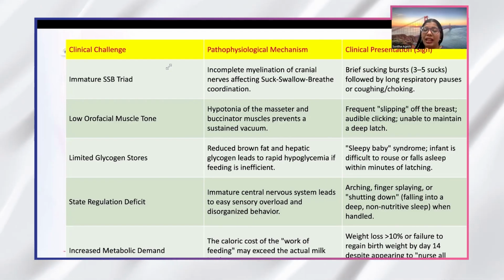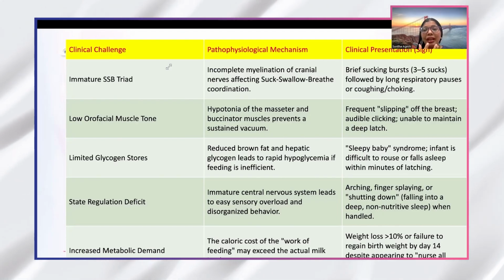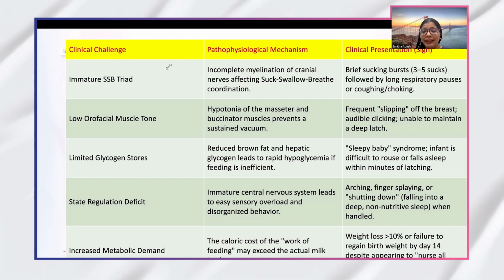But here, even if the baby is sucking and the milk is there, the cheeks will be dimpled. Because of inadequate fat and support tissue, there will be frequent slipping off the breast, so the baby will not sustain the latch. We can hear audible clicking sounds, and the baby is unable to maintain a deep latch.